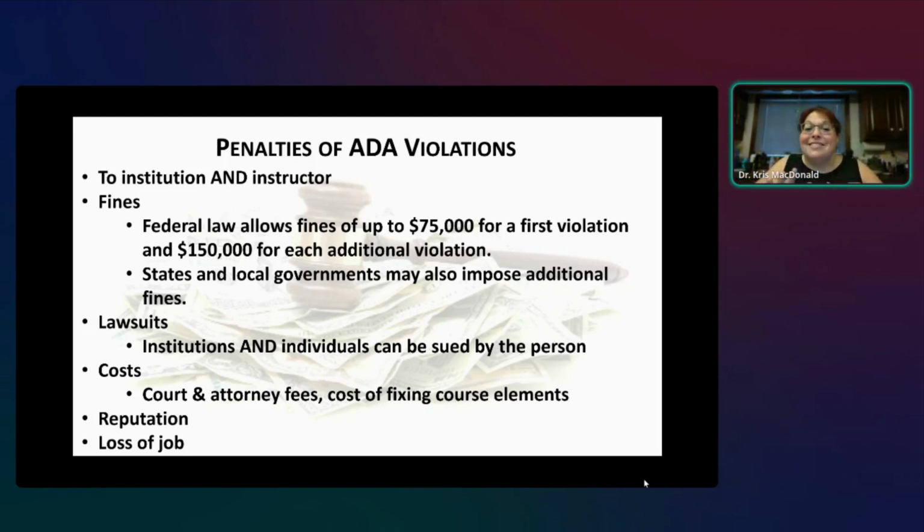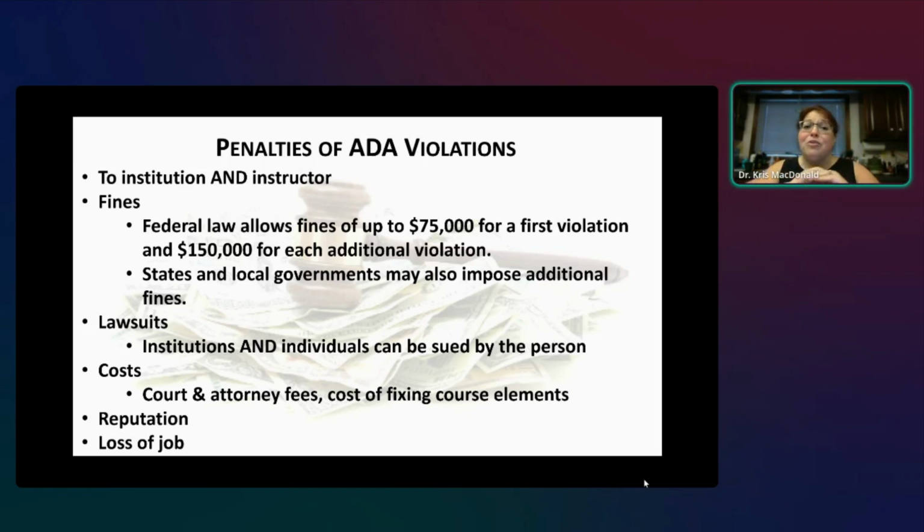Now we're not done. In addition to that, whoever was violated, so if I'm the student in the class, I can also file a civil suit because I was denied what I was supposed to get. I wasn't helped when I should have been helped.